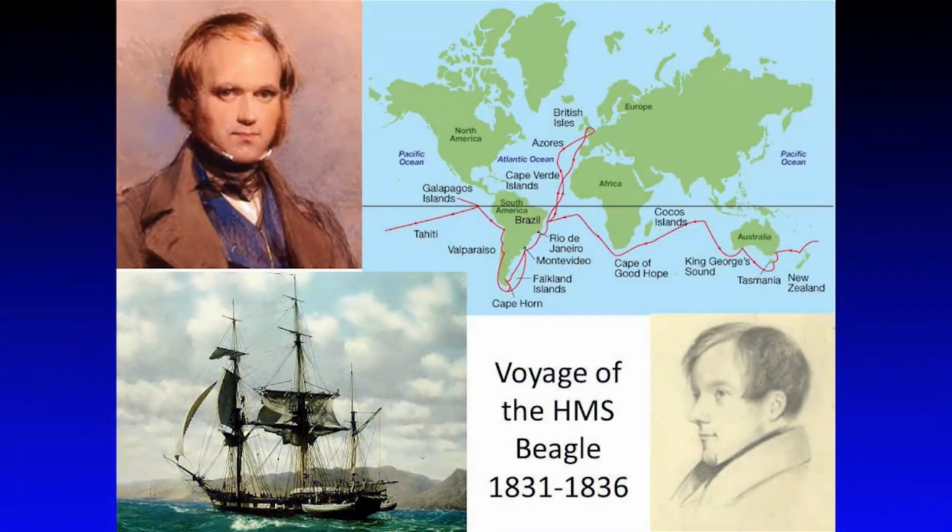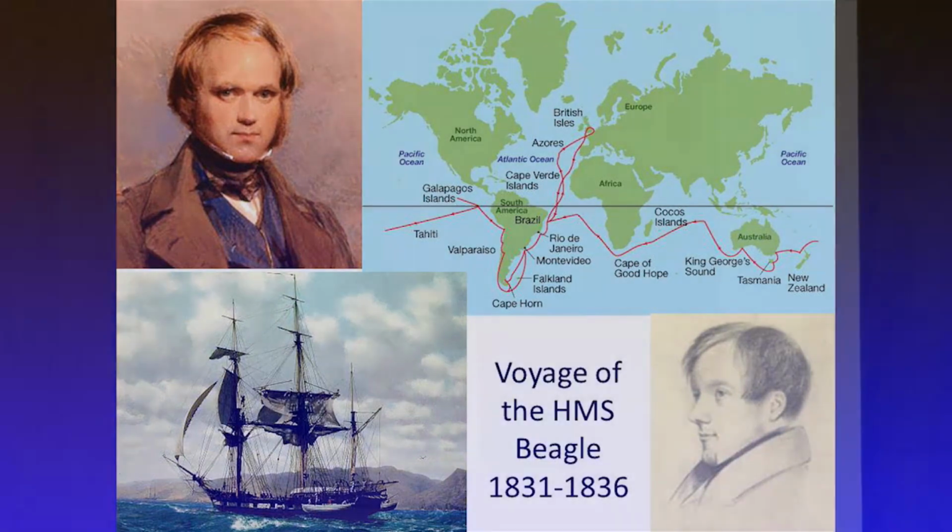So here's where our hero comes into the story, depending on which side of the Owen-Darwin debates you're on. During the voyage of the HMS Beagle, Owen was the recipient of many of Darwin's fossils.